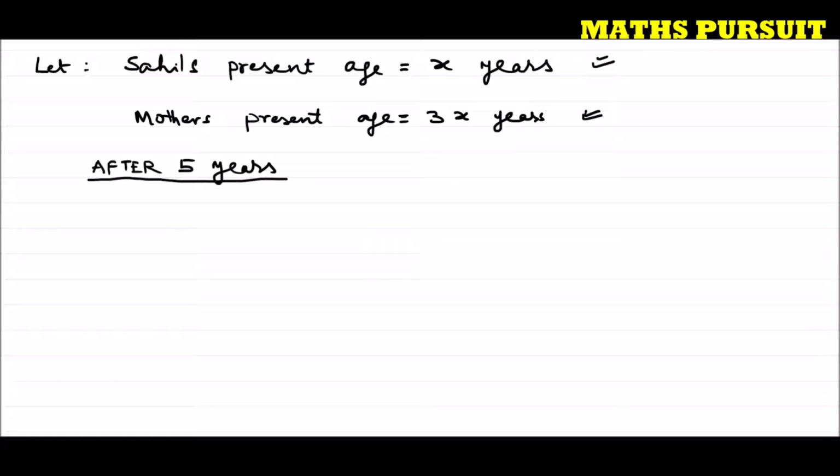After 5 years, Sahil's age, which we have considered as x years, will be x plus 5 years.